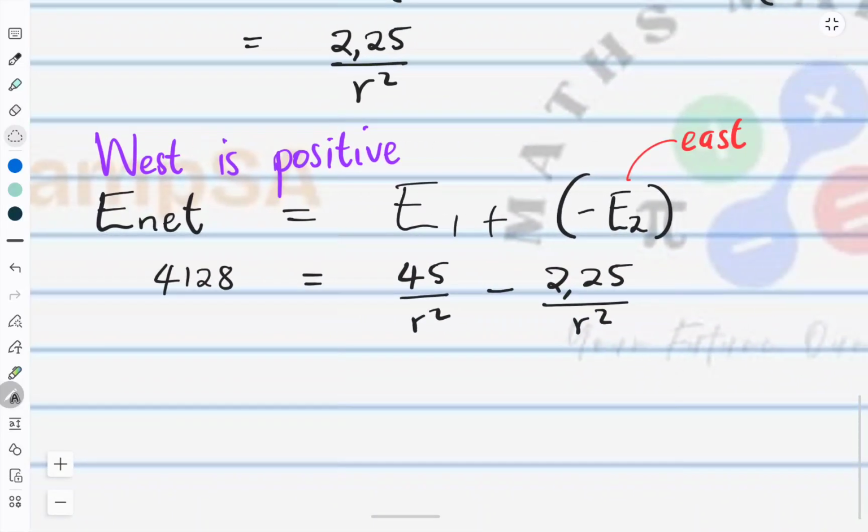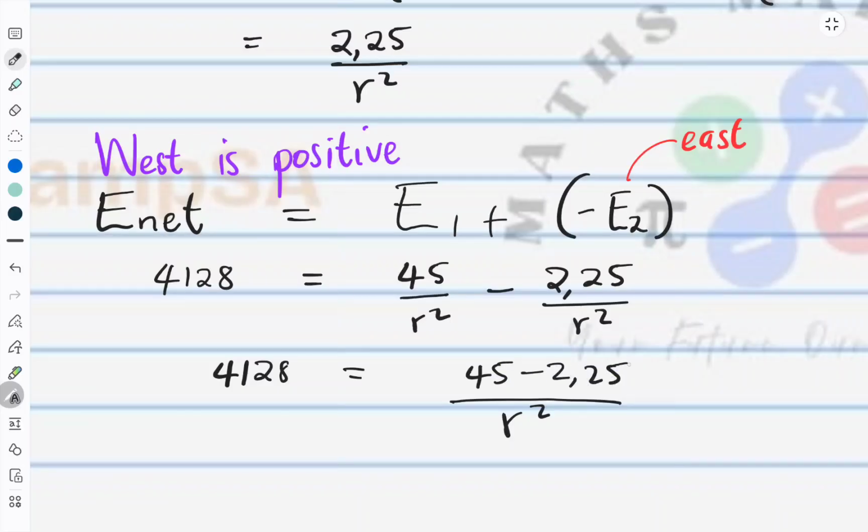So here, obviously, the common denominator is r squared, so your life is very simple here. If I want to take it step by step, I can say the common denominator is this one, 45 minus 2.25. It's as simple as that. Then my r will just be the square root of 45 minus 2.25.